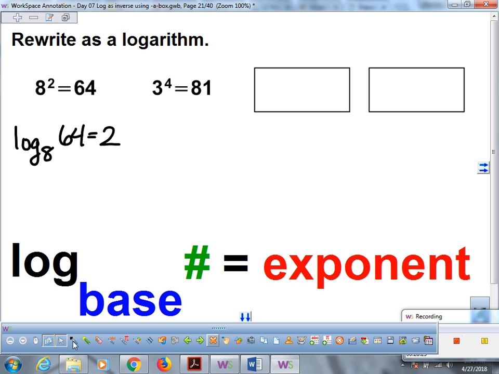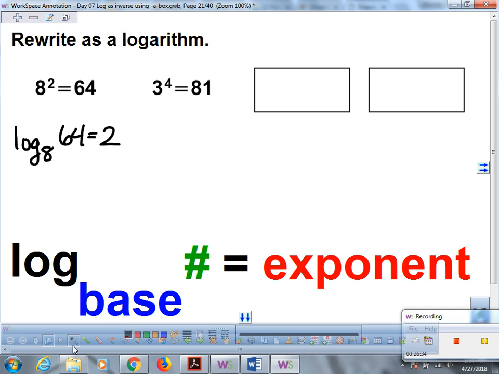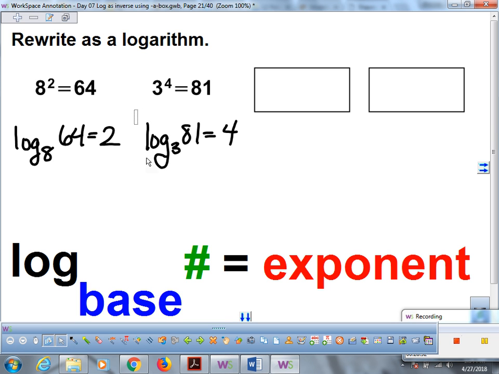Can you write that one? So it's log base 3, 81 equals 4. I don't know why, I just have a harder time doing it this way.